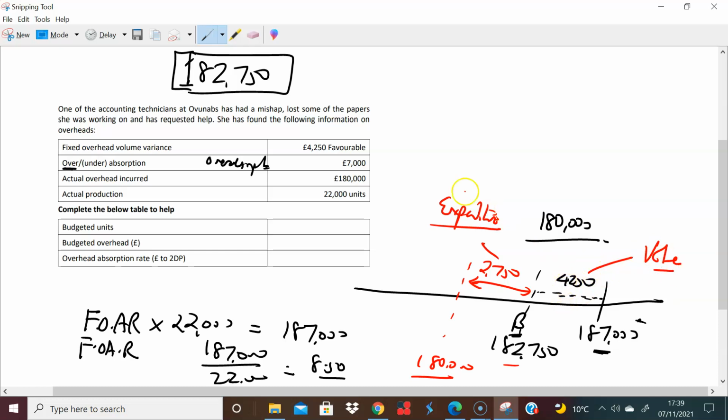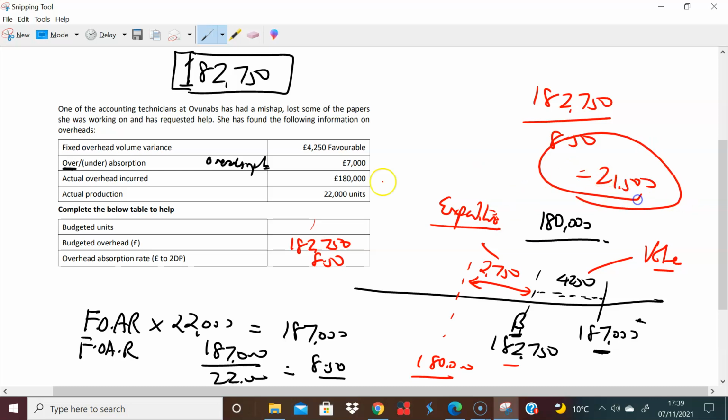So this question is asking, what is that budgeted overhead? Well, that's 182,750. I calculated my absorption rate at £8.50, and my budgeted units will be based on that 182,750 divided by £8.50. When I do that, I get 21,500.